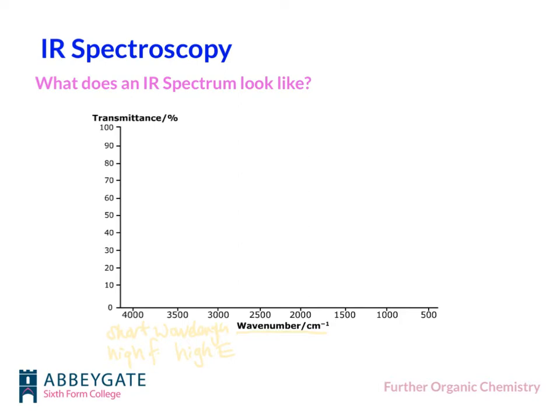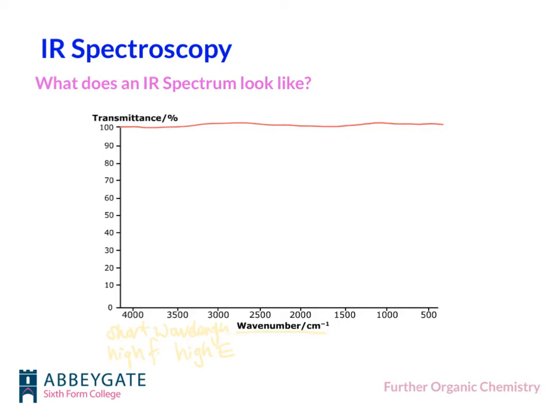So if you didn't put a sample in the machine, or if the sample didn't absorb any infrared radiation, then you would have 100% transmittance all the way across at all the different frequencies. A line along the top at 100% means you haven't got anything absorbing and removing it. So 100% of the infrared being passed through is going all the way through and being picked up by the receiver.